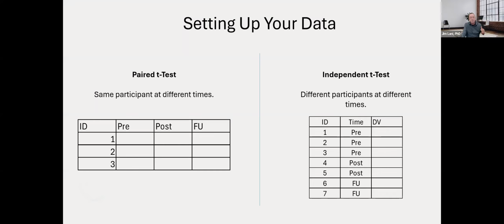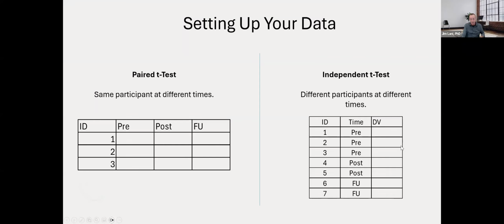You could have different people at pre, different people at post, different people at follow-up. Now we're stacking that data. So I'm going to examine the dependent variable, let's call it knowledge, by three different groups of different people. When it's different people, you're stacking.